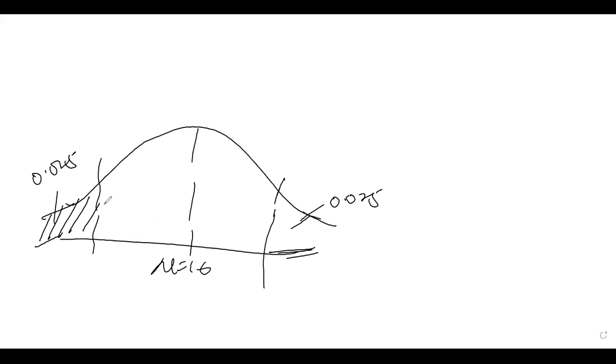So this will be the rejection region in terms of probability, but in terms of z values, here will be negative 1.96 and here will be 1.96 positive, okay?